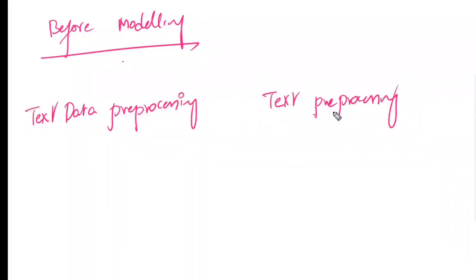Text pre-processing: pre means before moving to the machine learning algorithm or the deep learning algorithm. Whatever you do before that is called pre-processing. Now, what are the steps involved in text pre-processing?